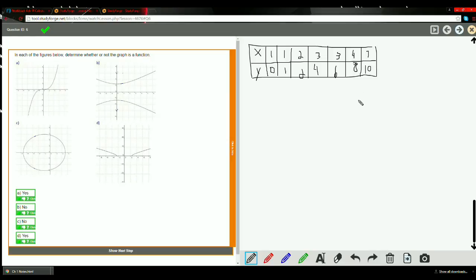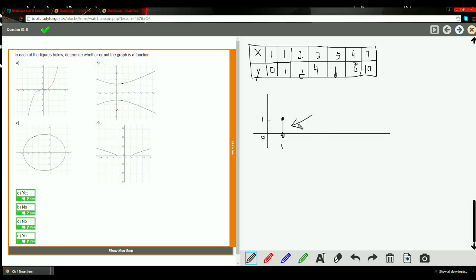8, 10. So there's two inputs that have, so basically, if you actually graph this, this is 1, and there's one point right here and one right here. This is 1, and it's 0. So you see, when it's vertical, it's not a function.